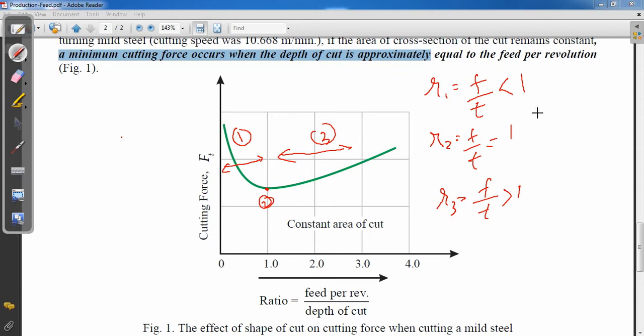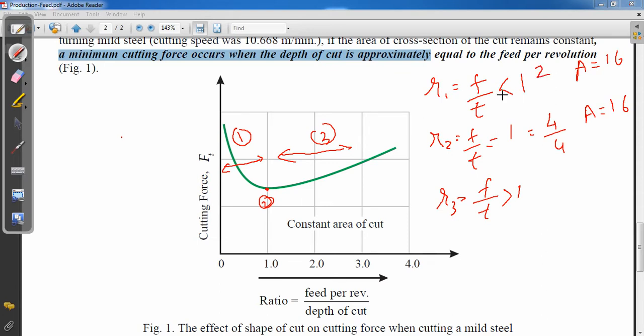Suppose we are taking, this is just for understanding purpose, feed rate is 4 and depth of cut is 4. So area of cut is 16. Now we have to keep this area of cut constant. So now our values will change like this.